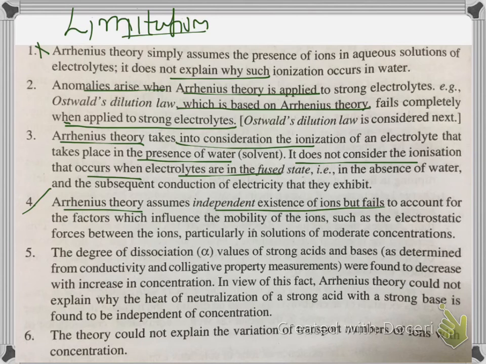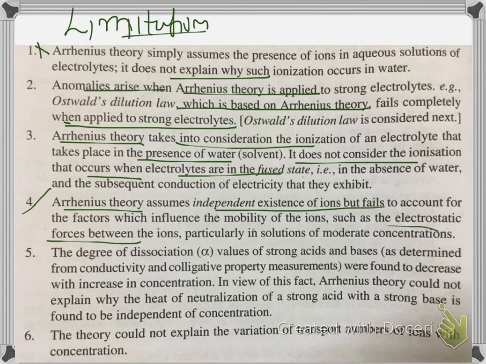That is possible only at infinite dilution, where interionic attraction vanishes. But in Arrhenius theory, he could not propose such an explanation on the interionic attraction or electrostatic attraction between ions.